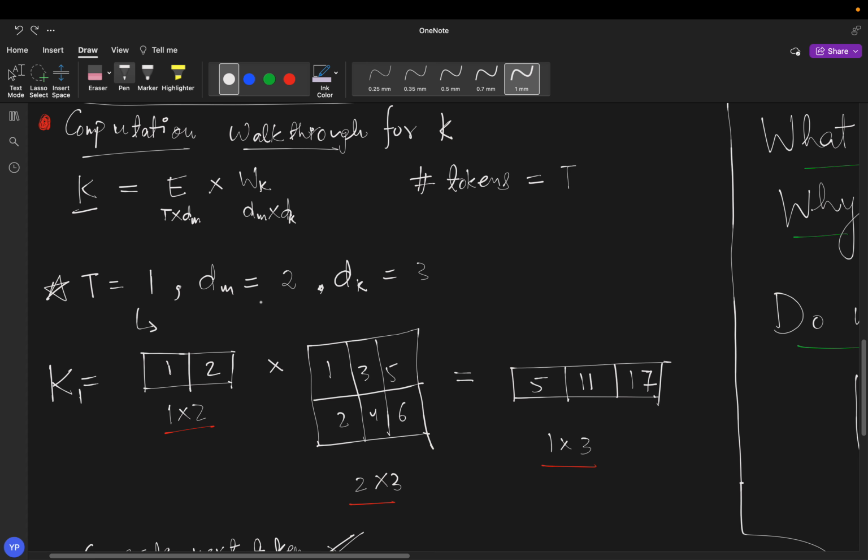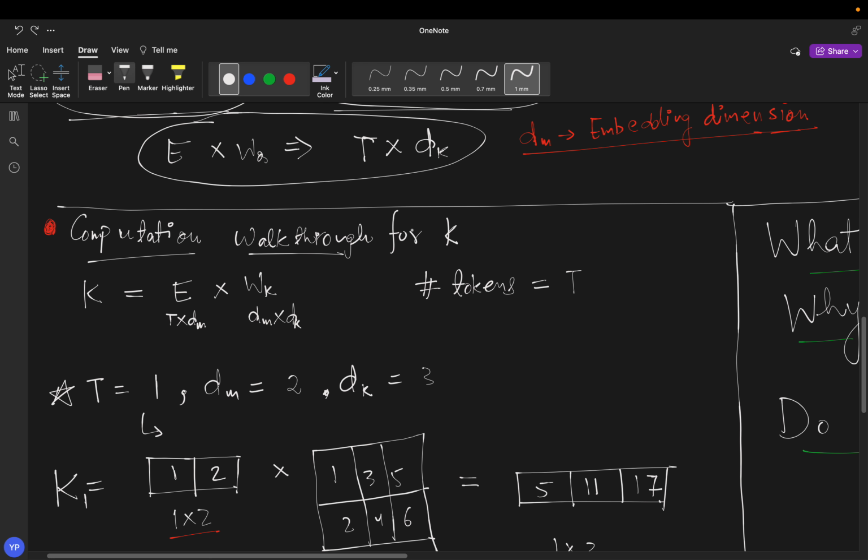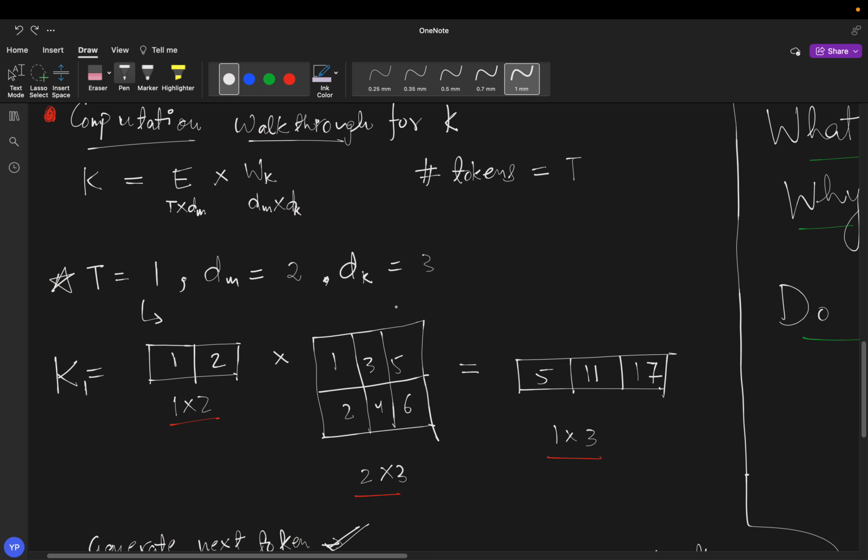Say the dimension of the embedding vector, the embedding you get after converting that token into actual numbers, is 2, and DK, an arbitrary number, is 3.